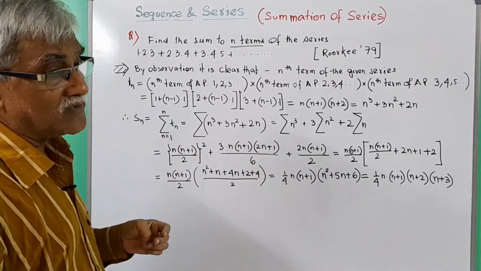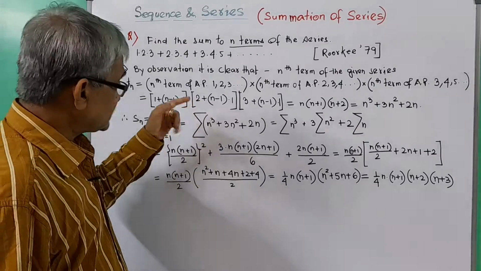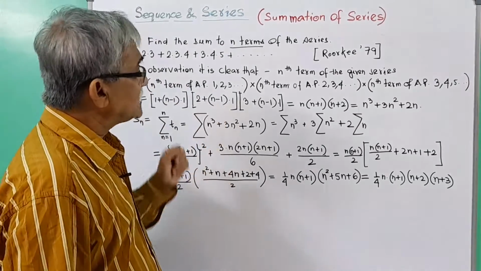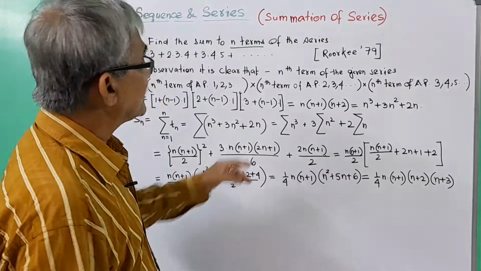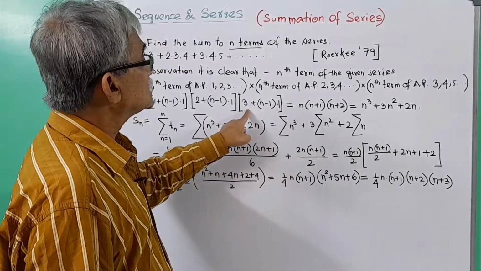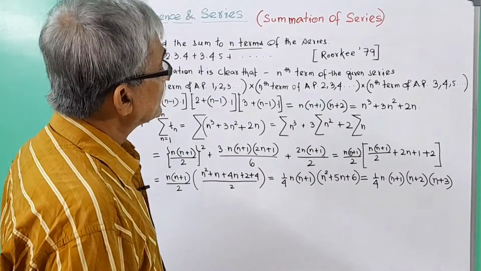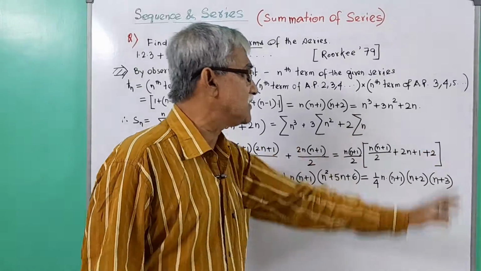We are using the formula a plus (n minus 1) into d. So that into 2 plus (n minus 1) into 1, whole into 3 plus (n minus 1) into 1. This way it becomes n into (n plus 1) into (n plus 2). So if you multiply it, it becomes n cube plus 3n square plus 2n.